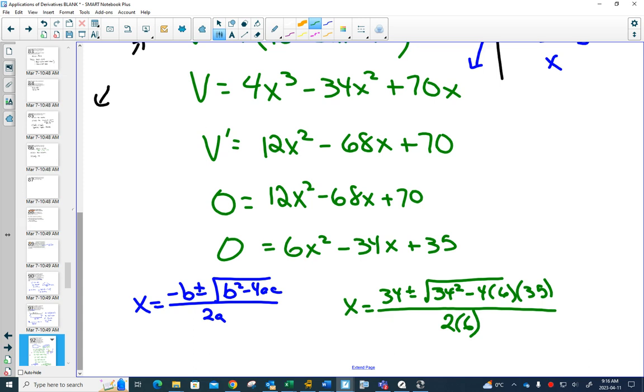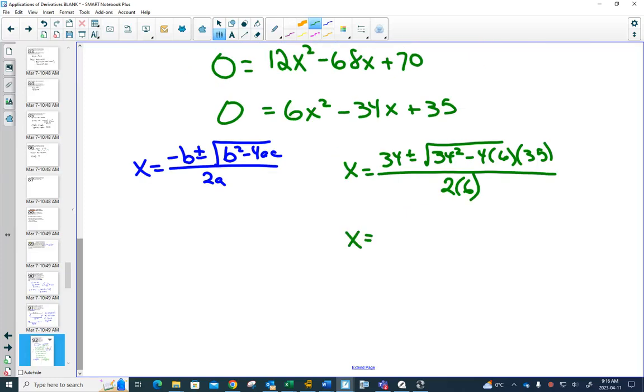And even these numbers seem to make us want to use our calculator. Simplified, this is 34 plus or minus the square root of 316 over 12.